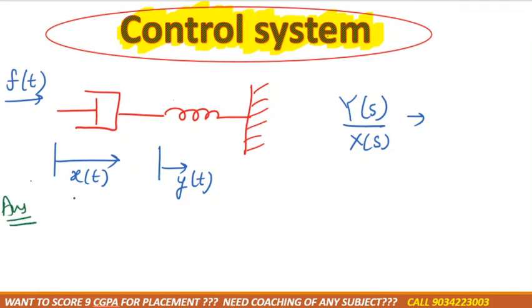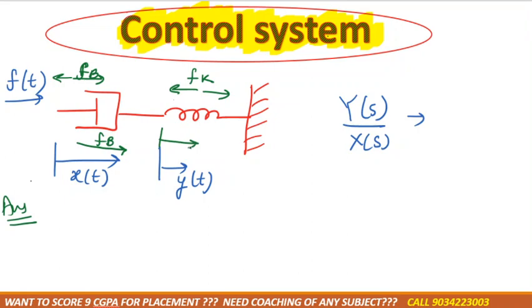As you know, let us consider the force applied on the damper as FB, and the force applied on the spring as FK, okay? The force mainly acts on this FB, right?